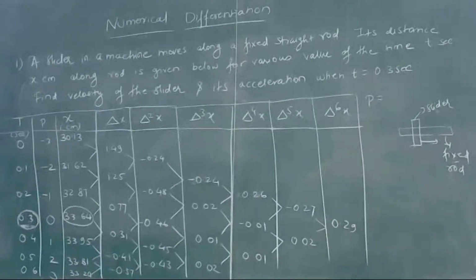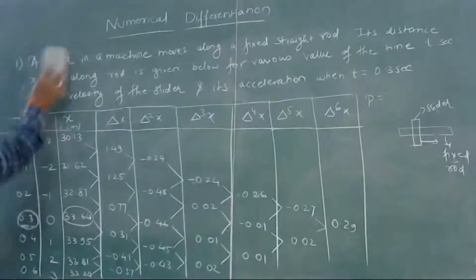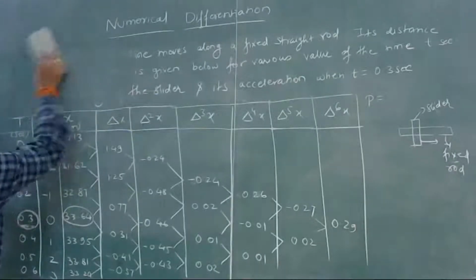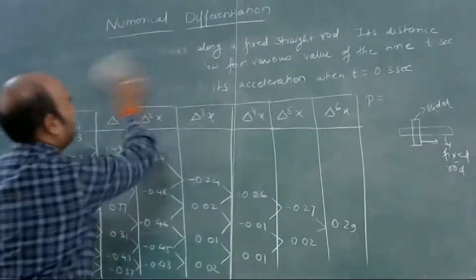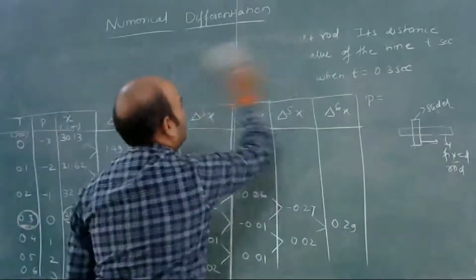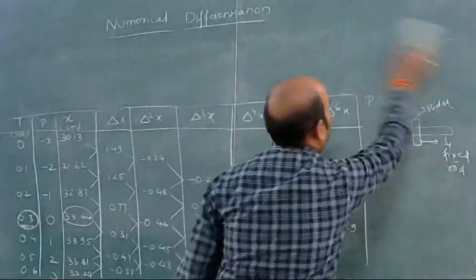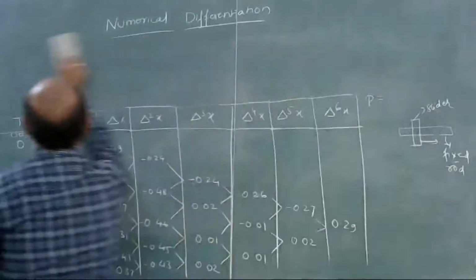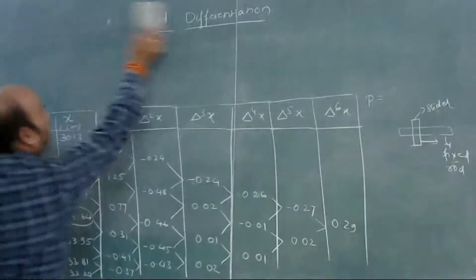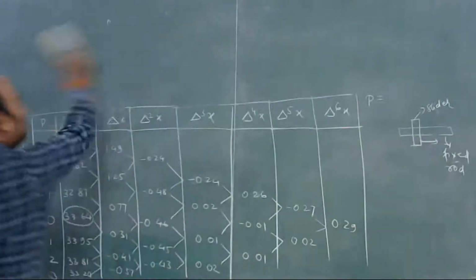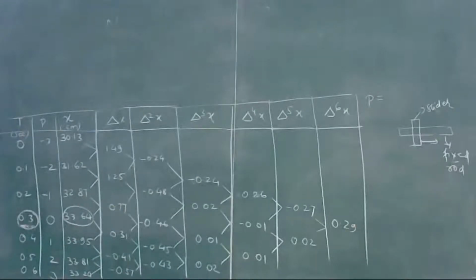So now we have to apply the formula of dx by dt, in order to find the velocity. So why we are using Stirling's formula?